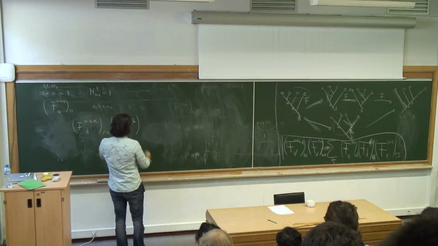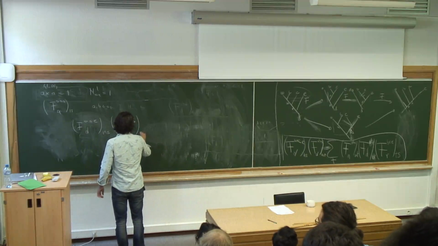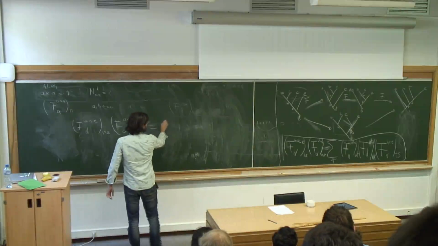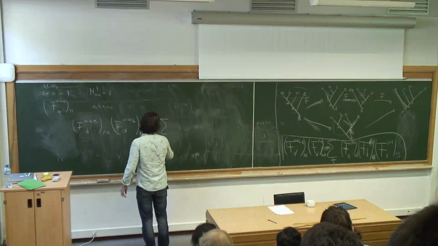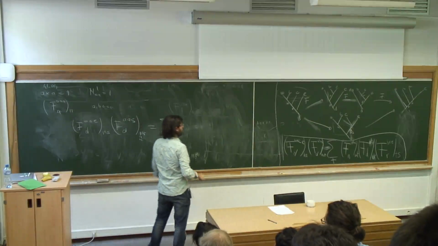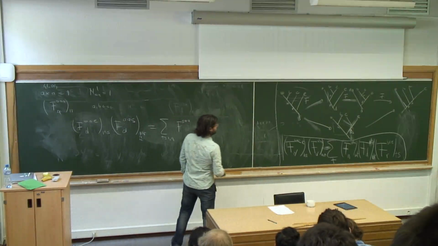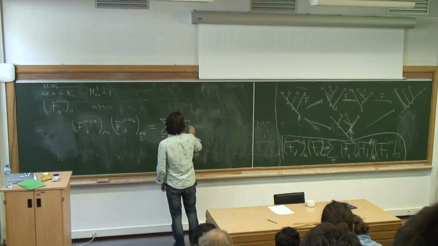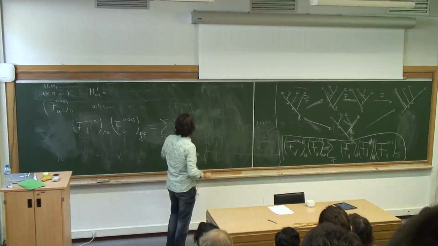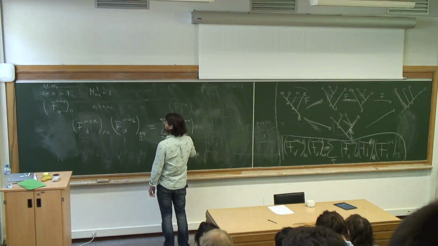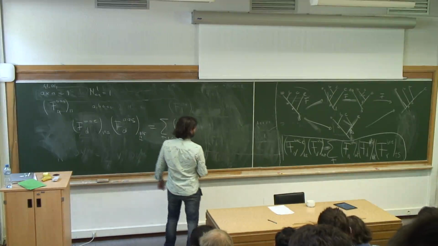M has to be 1 now, because it's the fusion of M and M. MR is equal to the sum over T, 1 and A, of F, A, N. But N is the fusion of A, N. So N has to be equal to A. Okay?